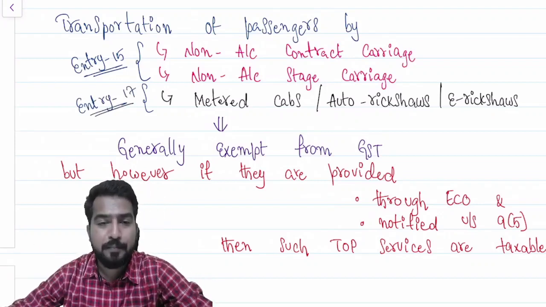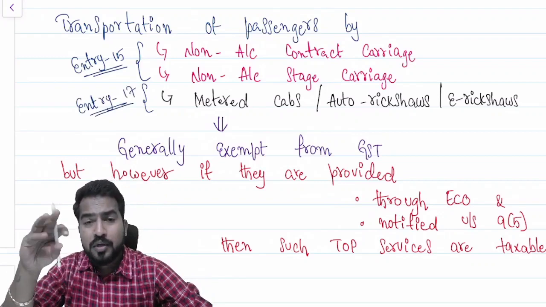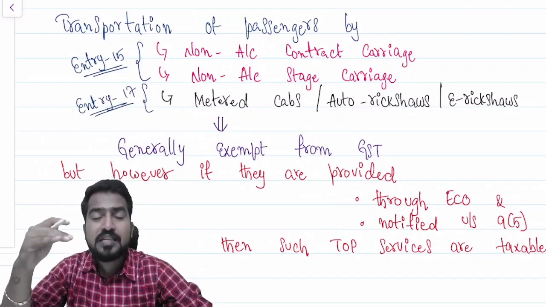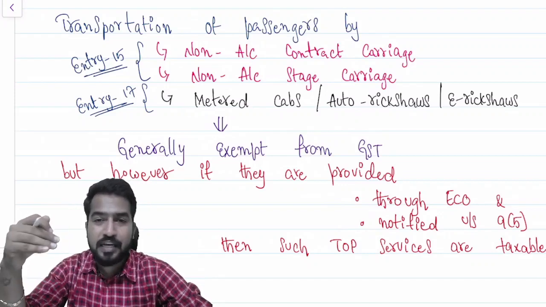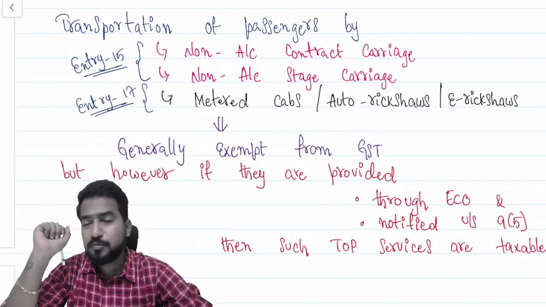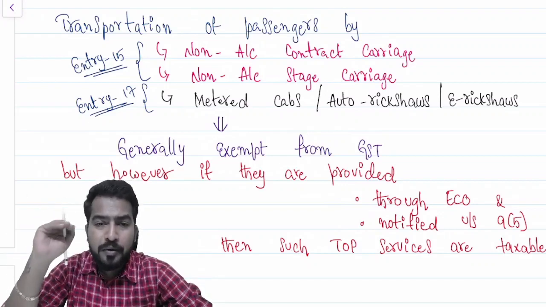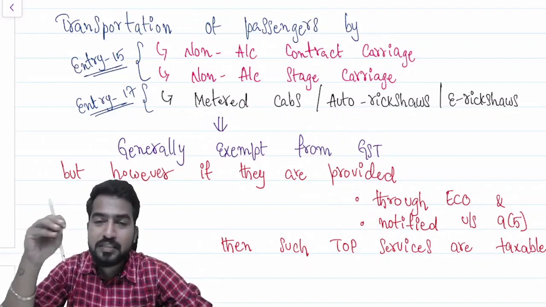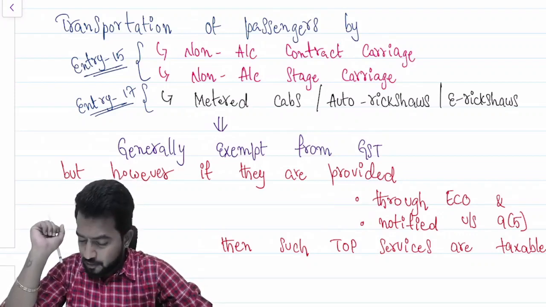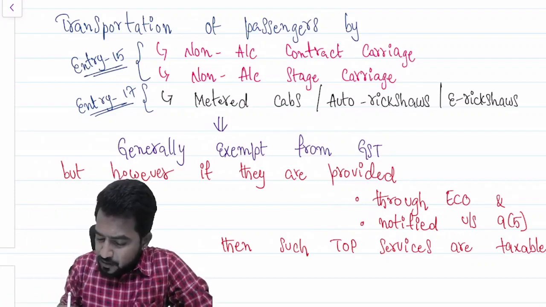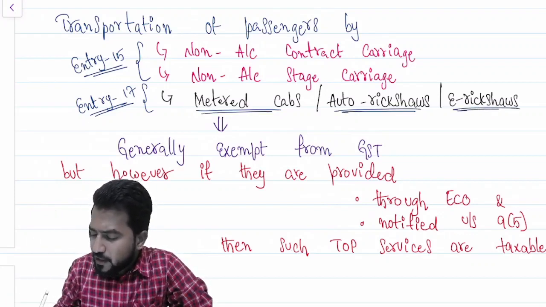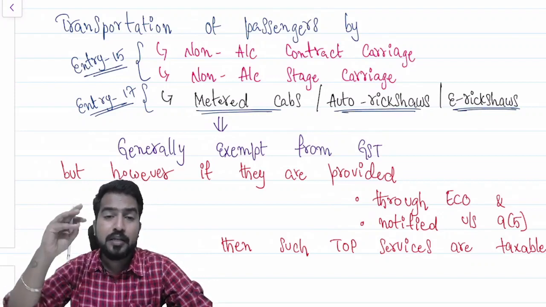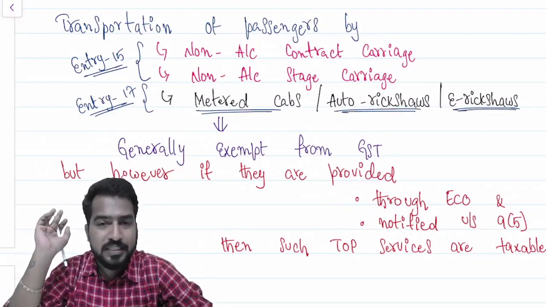So, transportation of passengers by non-AC contract carriage or non-AC stage carriage is exempt from GST. And also transportation of passengers by metered cabs, auto rickshaws, and including e-rickshaws is also exempt from GST.